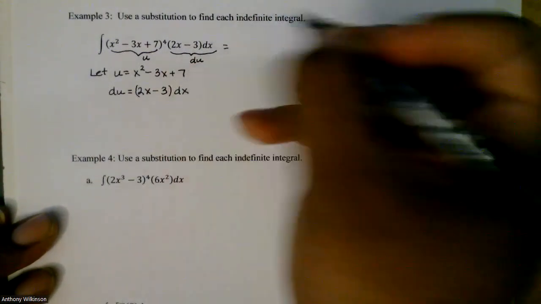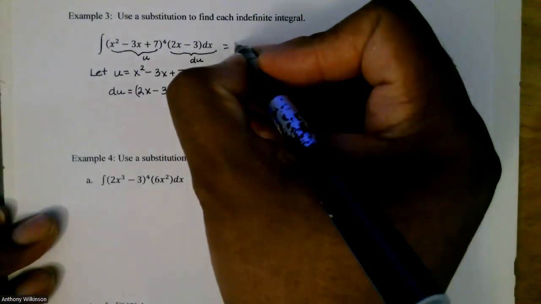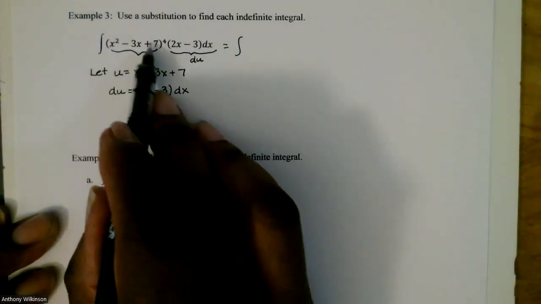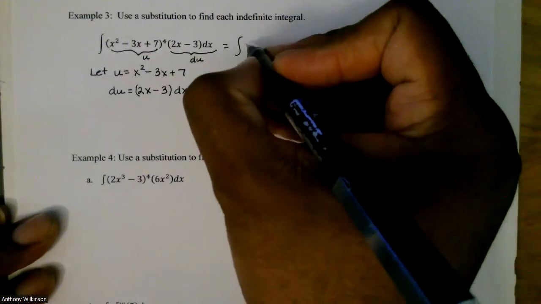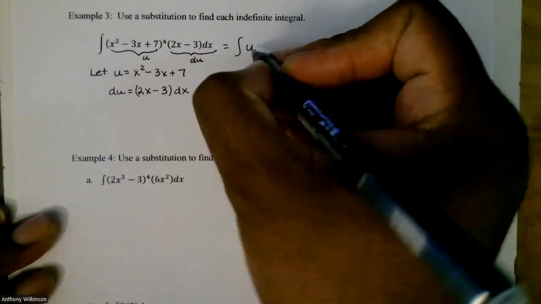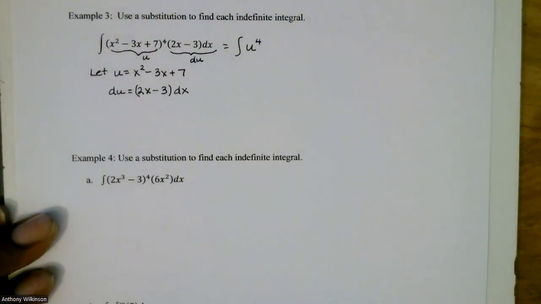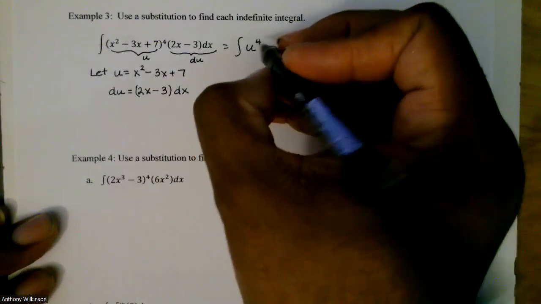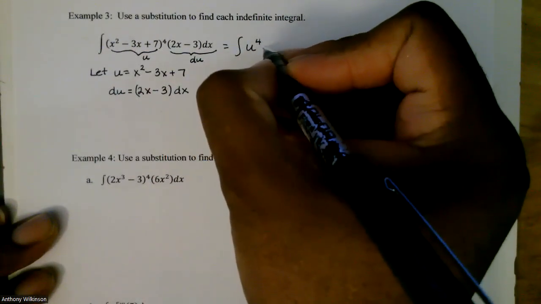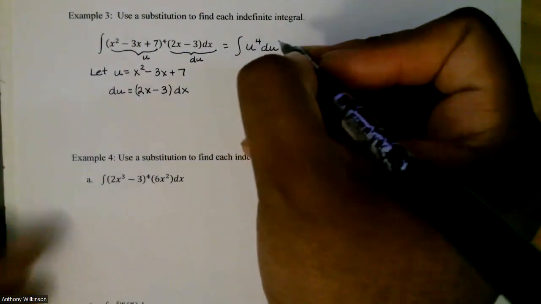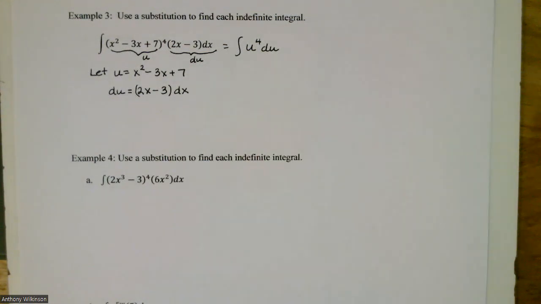So that means using the appropriate u substitution, I'm going to have the integral of u, and this is to the 4th power, so I need to put that as u to the 4th, and then that 2x minus 3 dx will be du. So here I've got the integral of u to the 4th du.